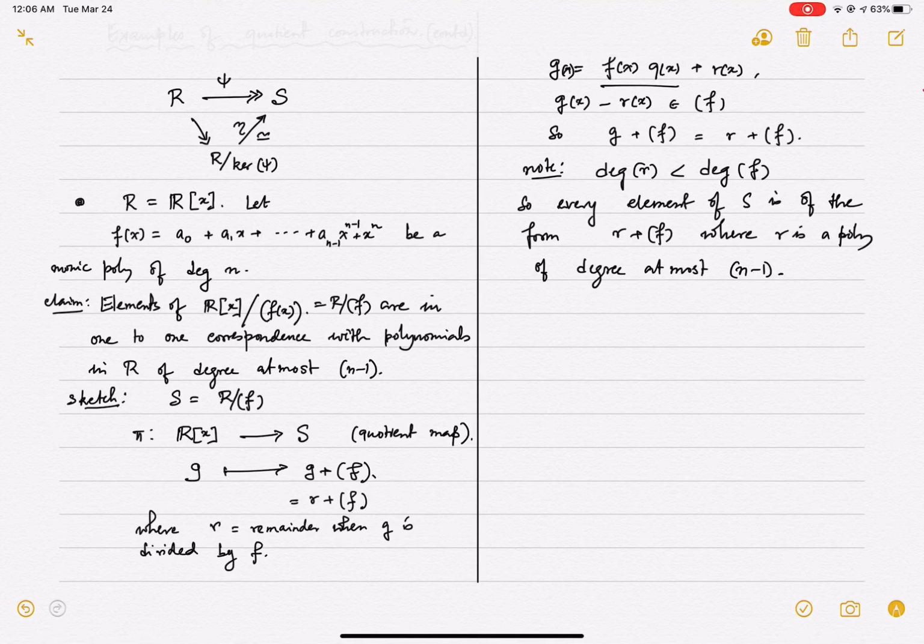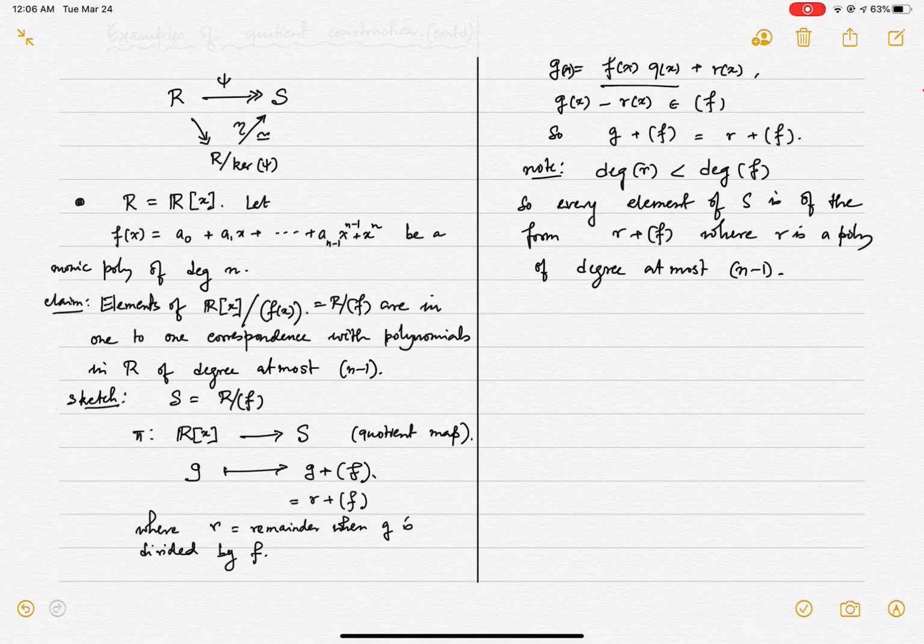And now I have to show that if you have two polynomials of degree at most n minus 1, they give you different cosets. So the cosets are in one-to-one correspondence with these polynomials of degree at most n minus 1.